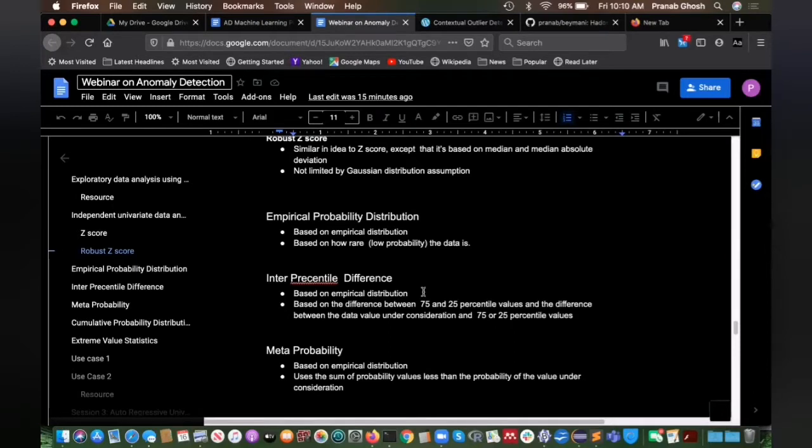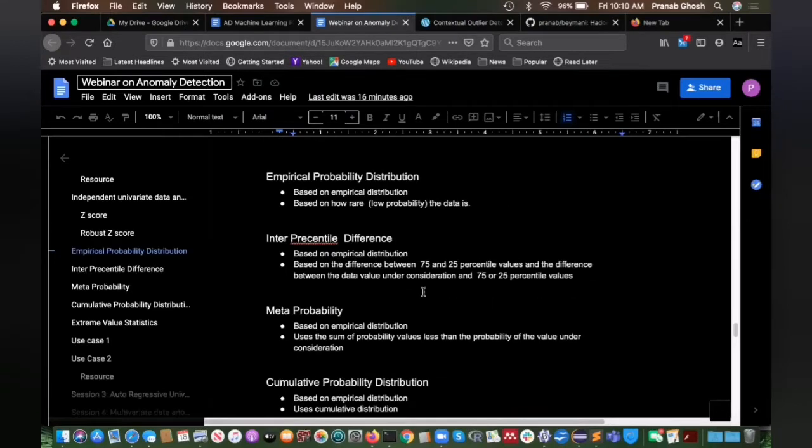Because your distribution can be anything, right? You may have a bimodal distribution, and then you may find a data point in between the two modes with a very small magnitude, but with a very low probability. So that will be labeled as an outlier.